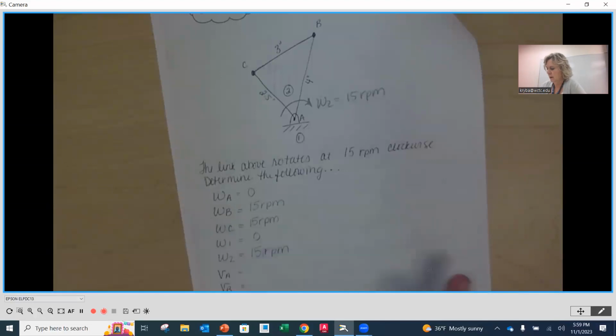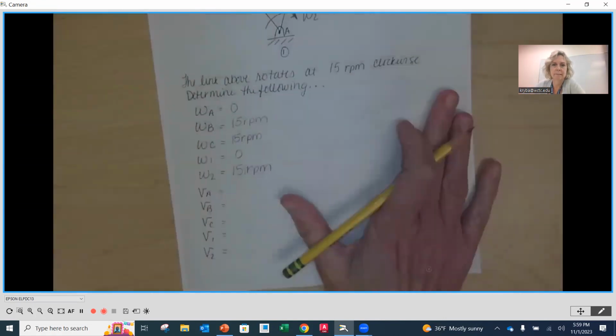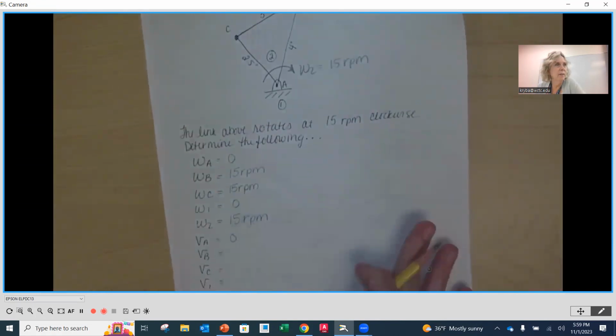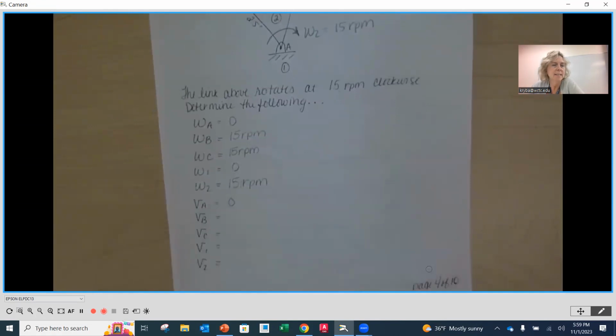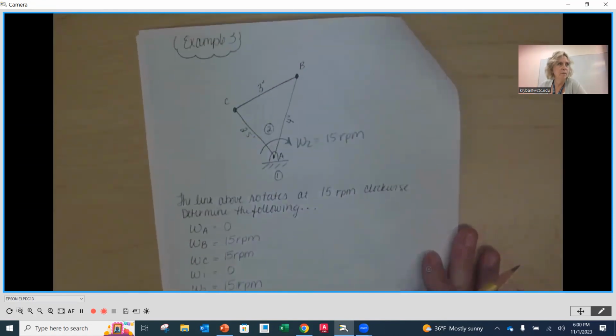Good. Now let's look at straight line velocity component. What's the straight line velocity of point A? 0, correct. What is the straight line velocity of point B and C? You don't have to tell me the number right now, but did you draw it up on your diagram? If you didn't, draw it up on the diagram.